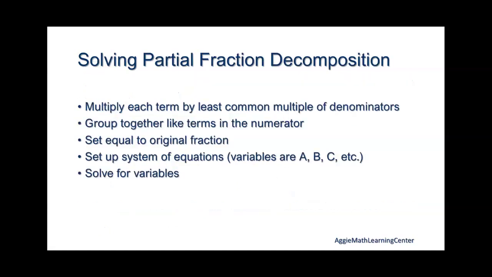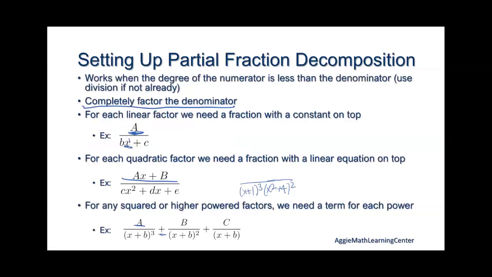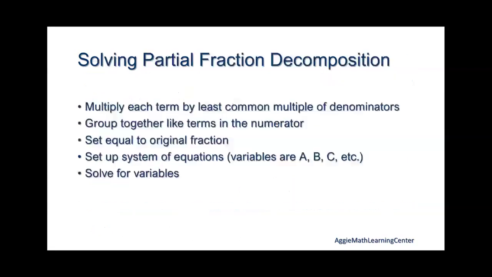All right, now we have to go through the process to actually solve the fraction decomposition. Right here, I just have arbitrary constants. This is the form. Now I care about what those constants are going to be so that I can use the equations that I come up with. So here's the tactic. We're going to multiply each term by the least common multiple of the denominators.